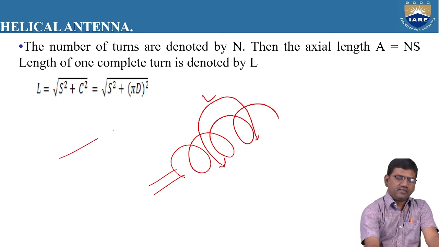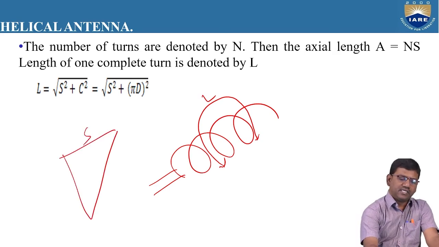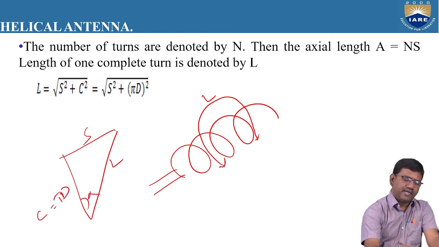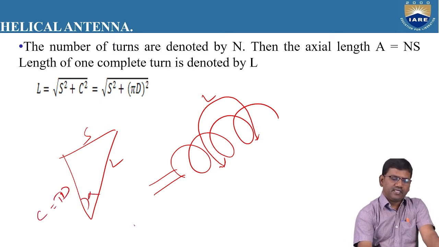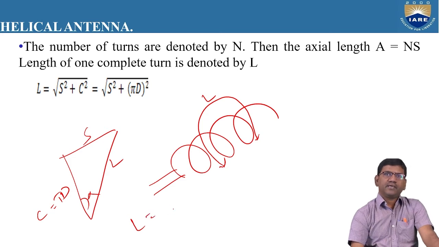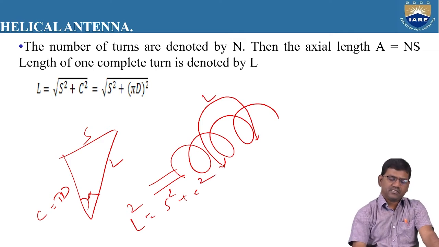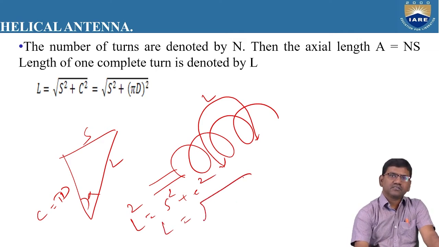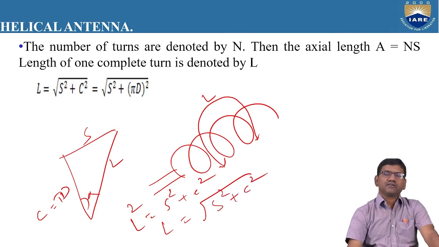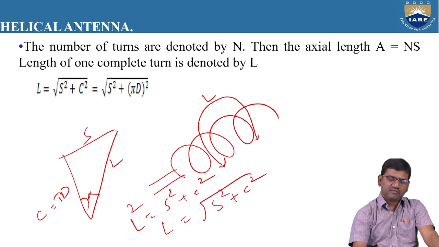From the figure you can observe that if this is S, this is L, this is alpha, and this is C equal to pi d, we can write, from the Pythagoras theorem, L square is equal to S square plus C square. So L is equal to square root of S square plus C square.